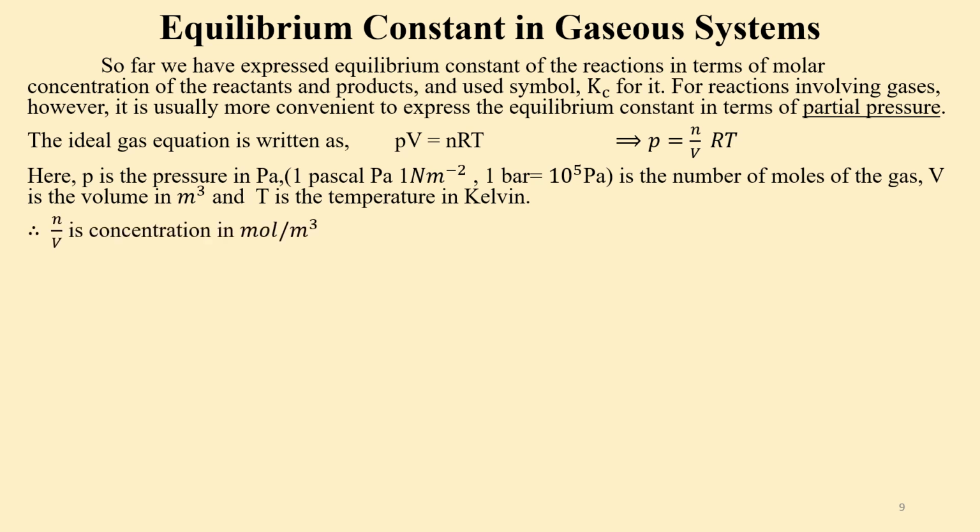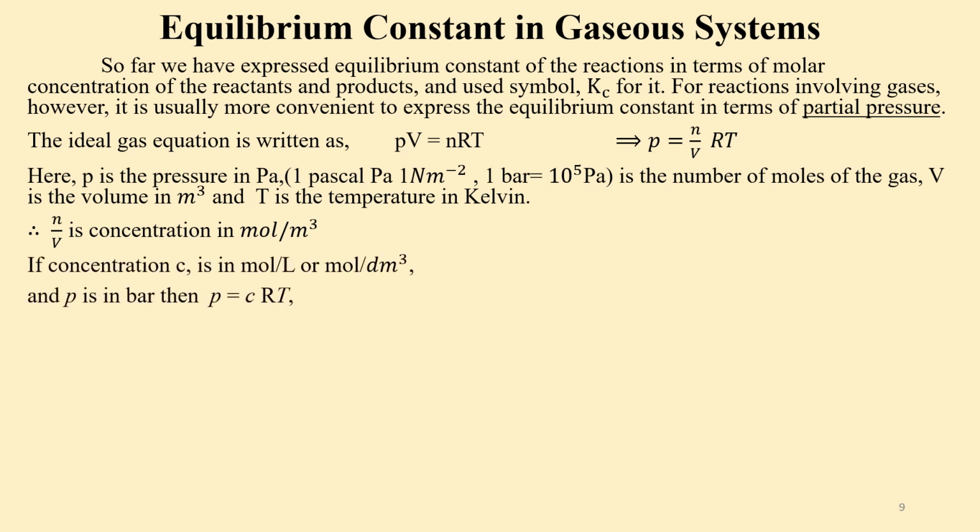We can write n by V as a concentration in moles per meter cube. If concentration C is in moles per liter or mole per decimeter cube and P is in bar, then we can write P is equal to CRT. So P is equal to the concentration of the gas into RT.